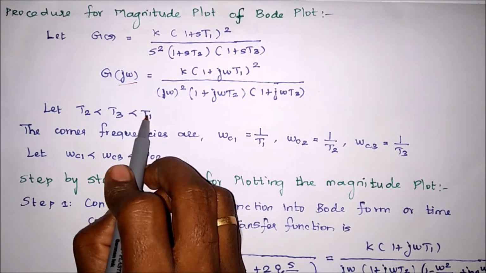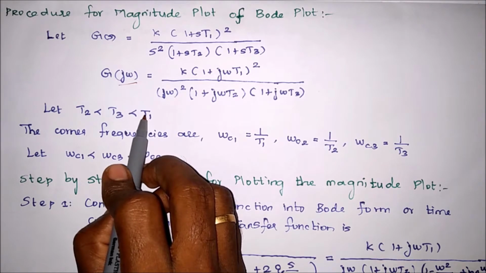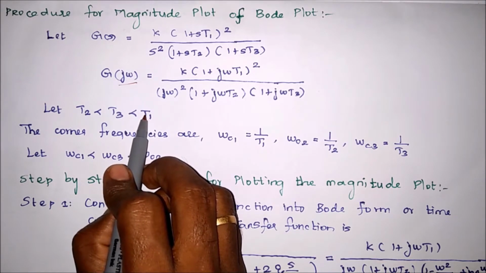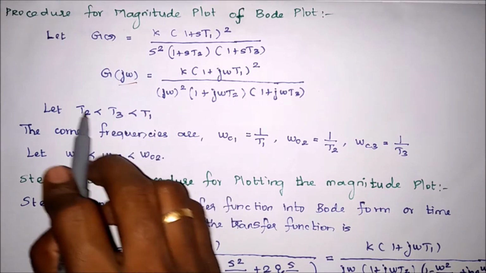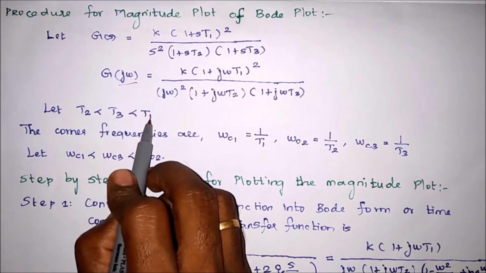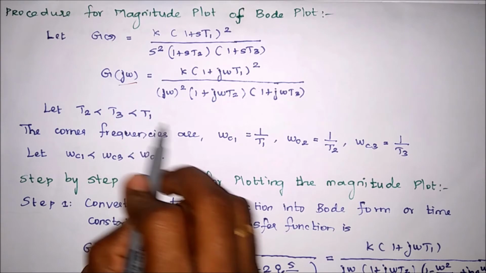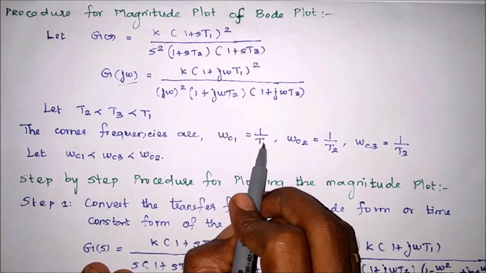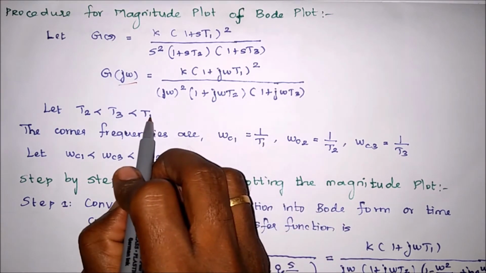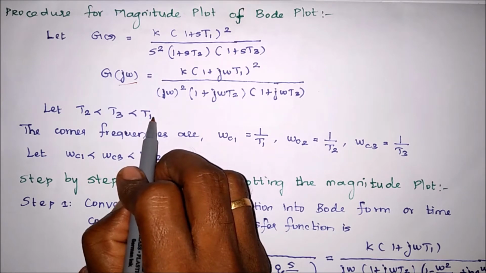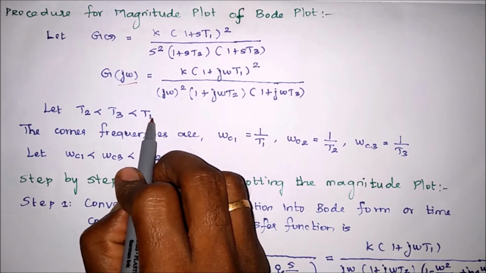T1 being greater means it is the lowest corner frequency, because T1 is high compared to T2 and T3, and frequency is 1 by time. Therefore ωc1 = 1/T1 is the lowest corner frequency.